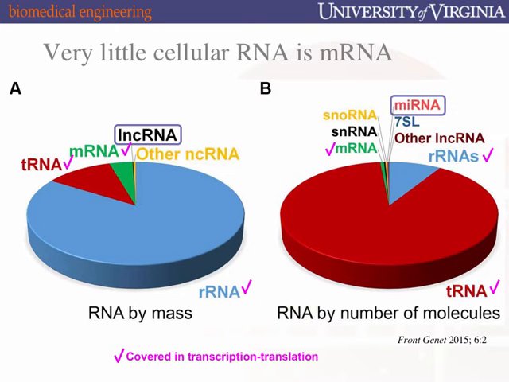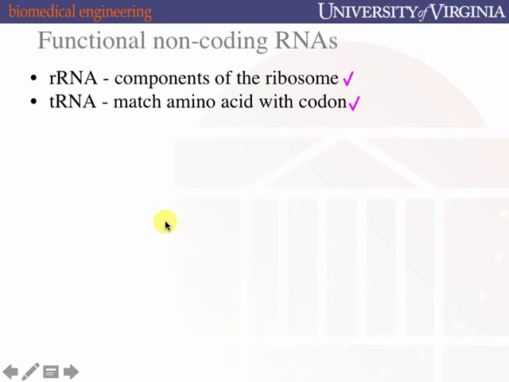What I want to do today is talk about just 2 other non-coding RNAs because they are important and very widespread in biology, the so-called MicroRNAs and long non-coding RNAs. They are functional even though they're not coding, akin to ribosomal RNAs and tRNAs. They don't code for protein, but they serve important biological functions that we've already covered.